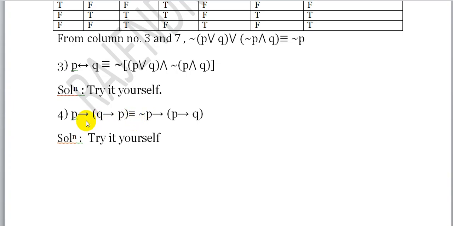For the single implication, only T to F is false, otherwise it is always true. So follow this rule and complete the table. If you have any doubt, you can ask in the comment box.